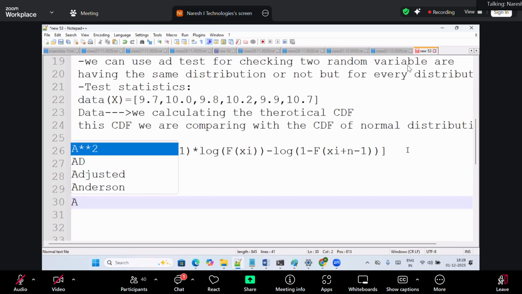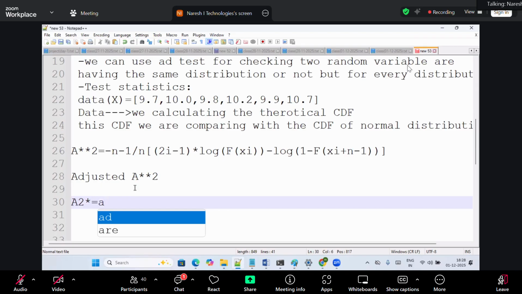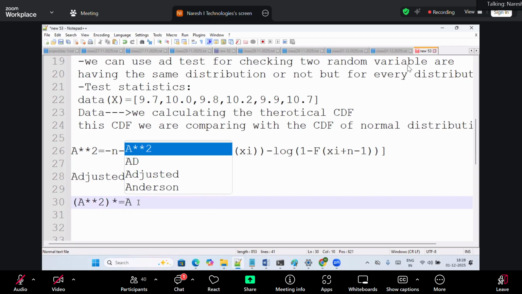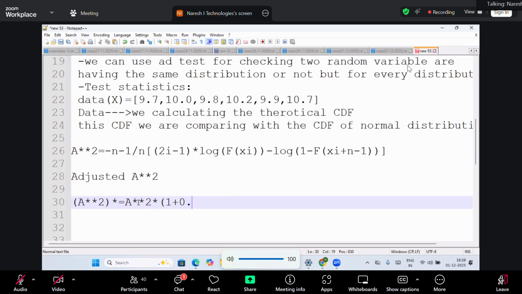Okay, what is that? It is nothing but A2 star equals to, sorry, A star star 2 into 1 plus 0.75 divided by n plus 0.225 divided by n square.